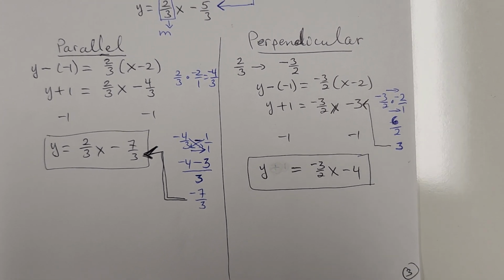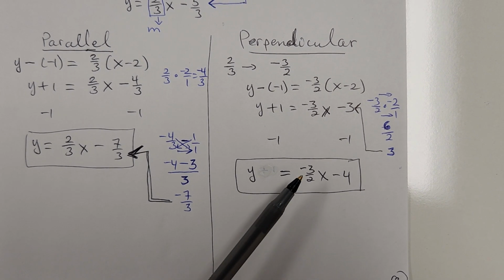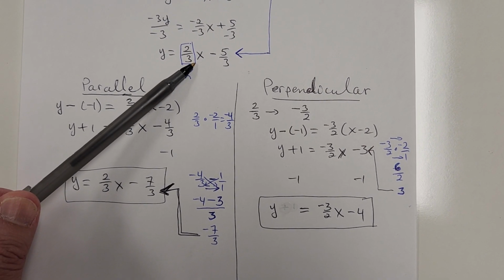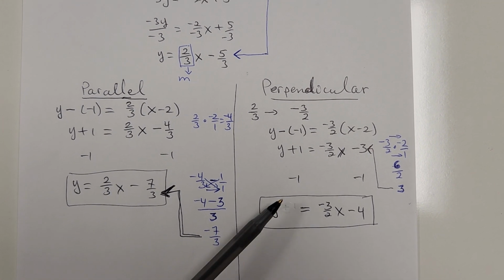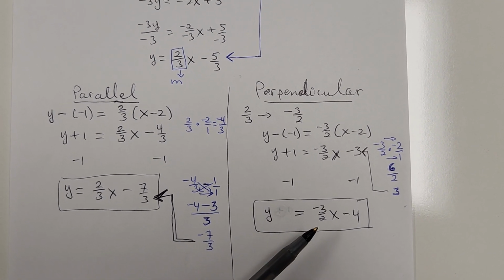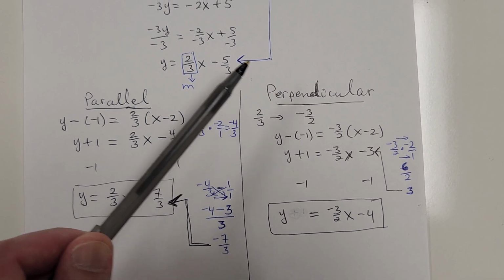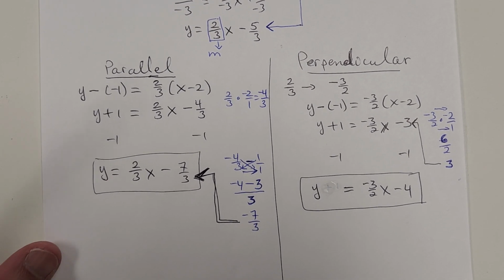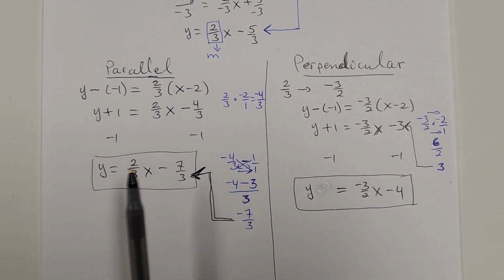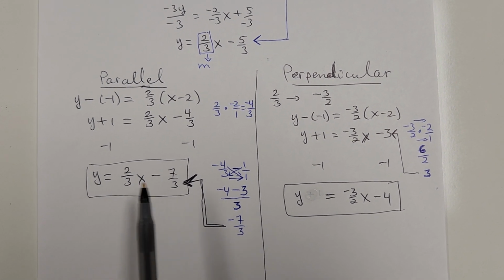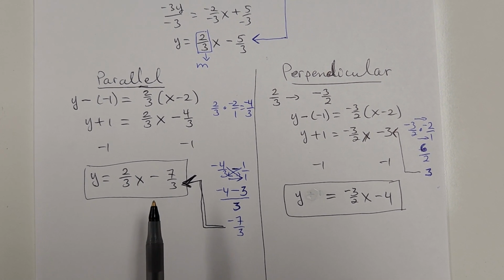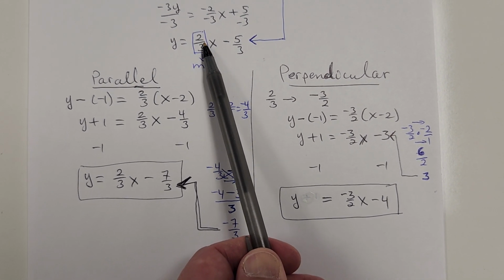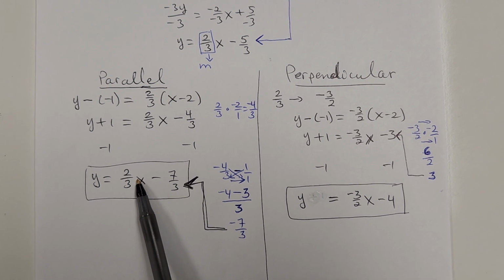So this is the final answer, which is perpendicular to the given equation. Just to recap, on the left side, this answer is parallel to the given because my slopes are the same.